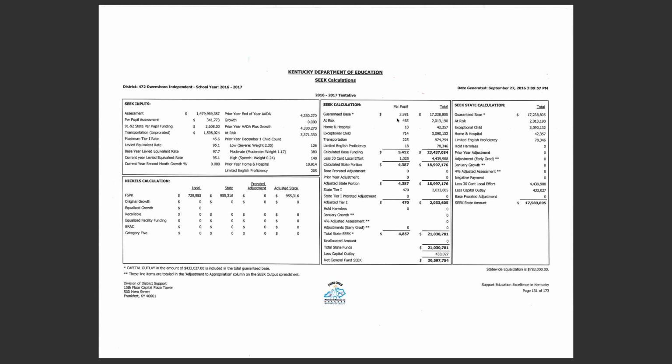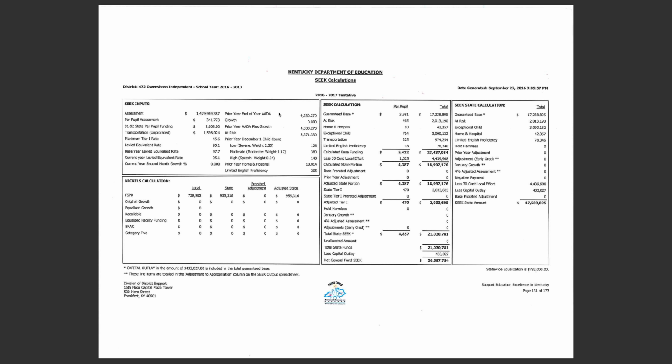And of course that is based on the overall funding that is given by the General Assembly in the biennial budget every 2 years. And that is a number that they come up with, and it is a number that districts around the state essentially inherit from the decision made by the General Assembly.